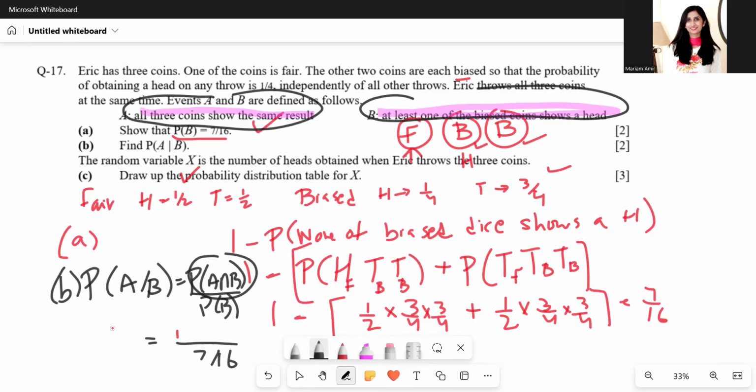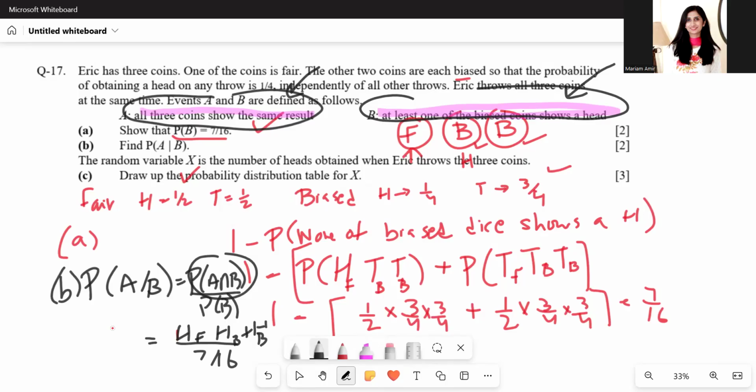So if this says all three coins show the same result and this says at least one of the biased coins has to be a head, then all three of them have to be head, head, and head. So head for the fair coin, head for the first biased coin, head for the second biased coin.